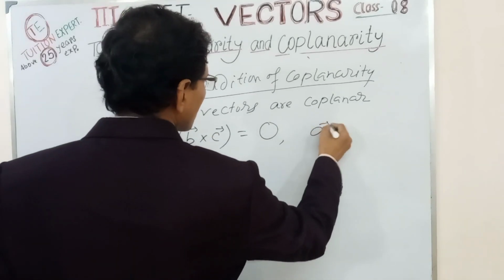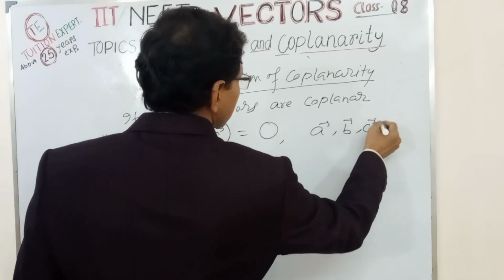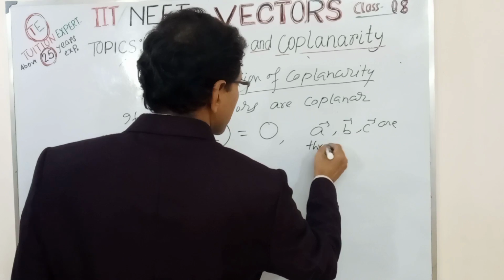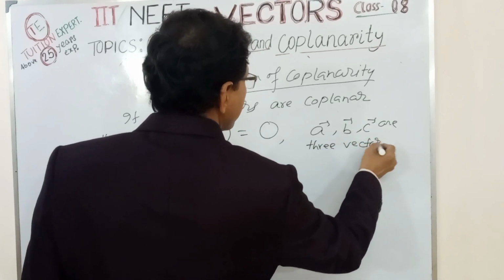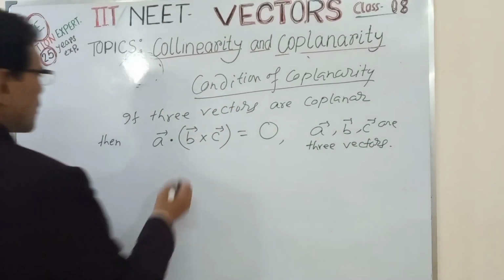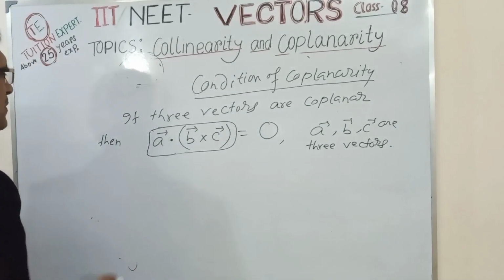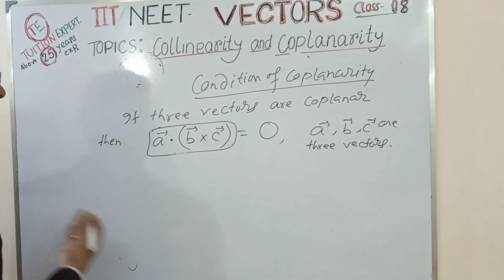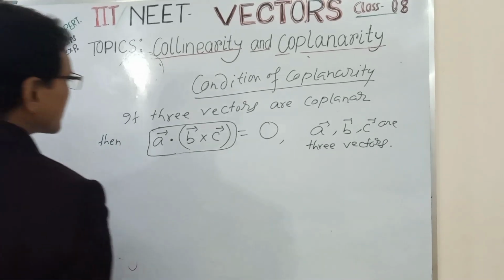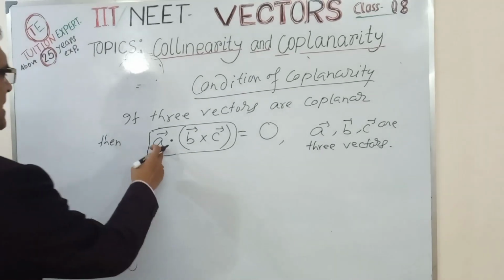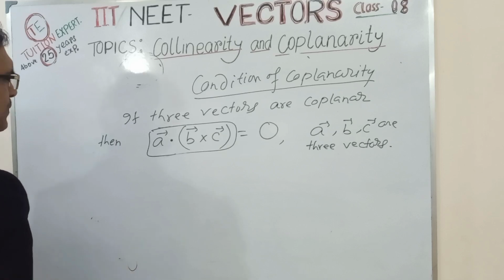A, B, C are three vectors we consider. What is the meaning of this? If three vectors A, B, C lie in the same plane, then the volume of the parallelepiped formed by the three vectors will be 0.